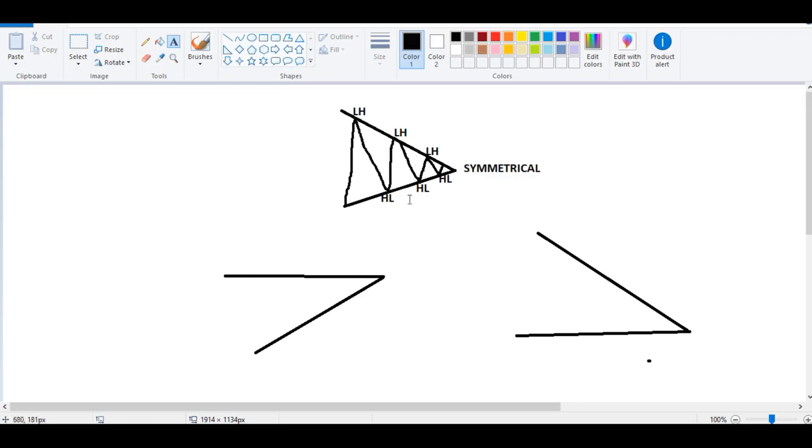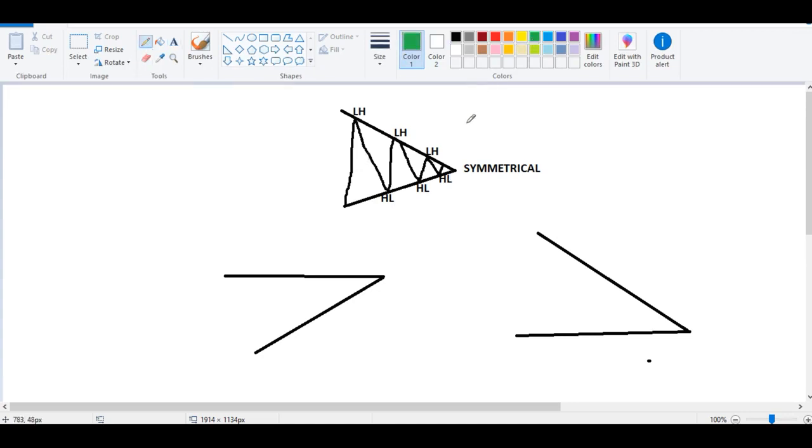Hence, price starts to trade in this narrow range. And eventually, as soon as it gets to the end where the range is very narrow, price tends to break out. Either it will break out towards the upside or towards the downside. Whichever side it is breaking out on, that is the side we want to take an entry.